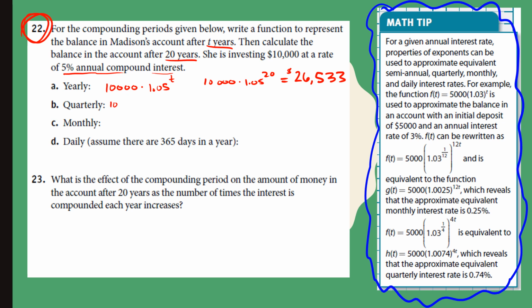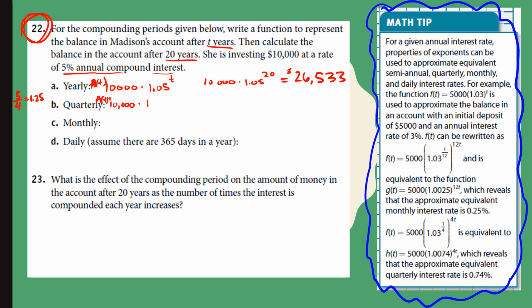All right, so we're going to have to think here for quarterly, right? We're going to start with our same 10,000. If we're writing a function, I guess it would be M of t, Madison's account value, or A of t, account value maybe. So this would be A of t equals 10,000 times, now quarterly, remember we're going to take the 5 and divide it by 4, so we get the 1.25.